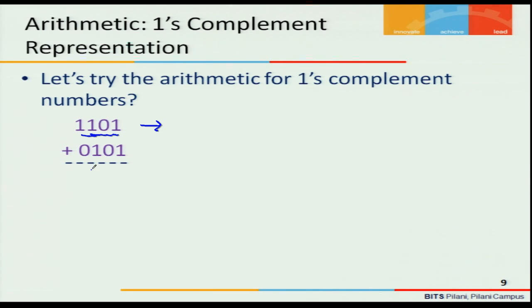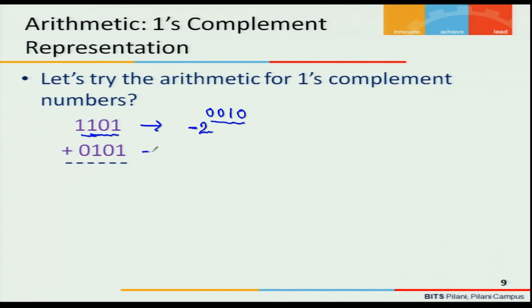Negative numbers are represented in 1's complement, so I have to take the 1's complement of this number. That will give me just flipping the bits, so 0 1 0 0. So this is 2. The value is 2, and because it is a negative number, that's why it is minus 2.